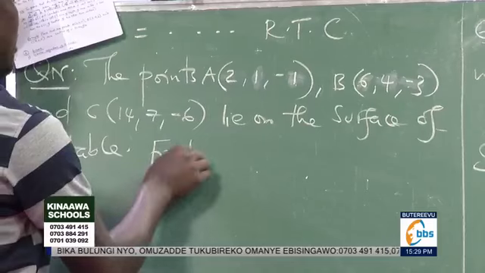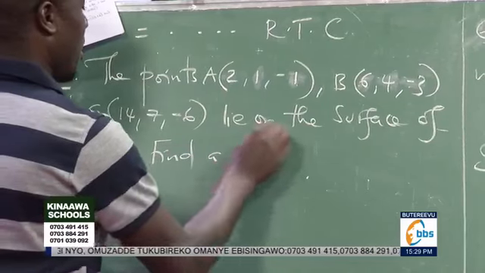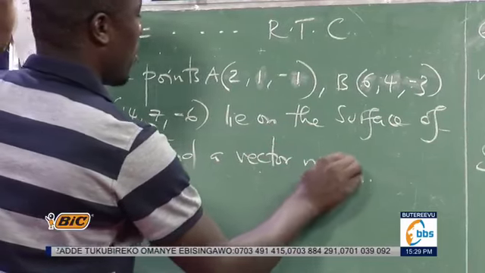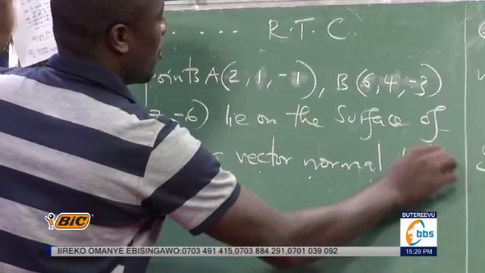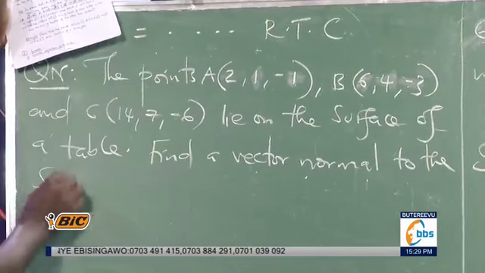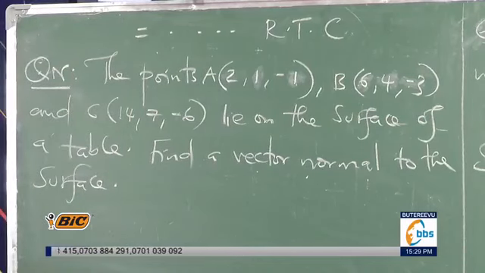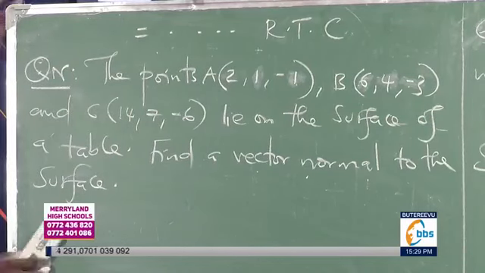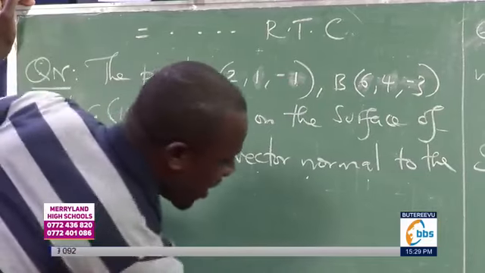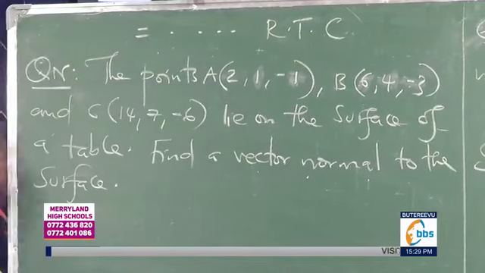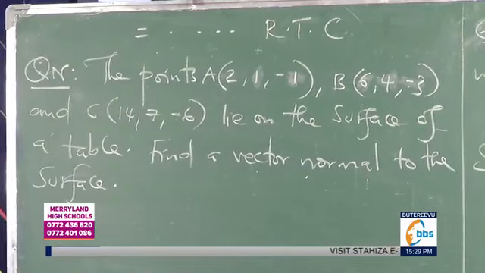Find a vector normal to the surface. So that you'll try out in a time when you're feeling a little happy.